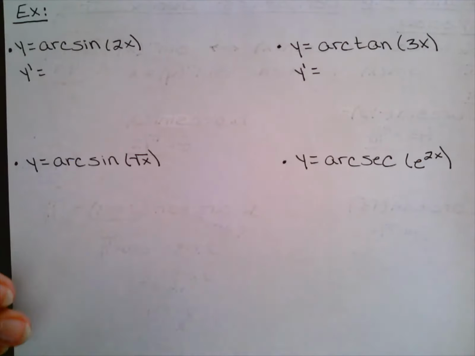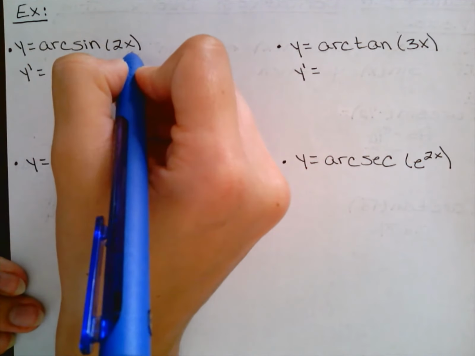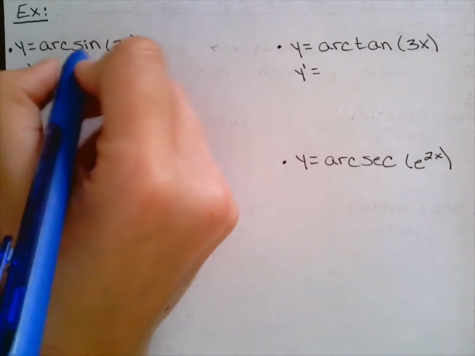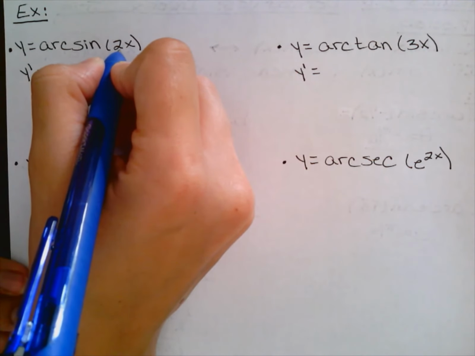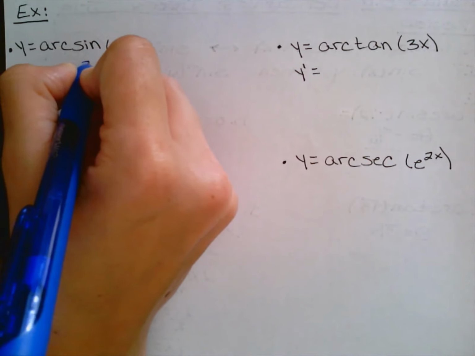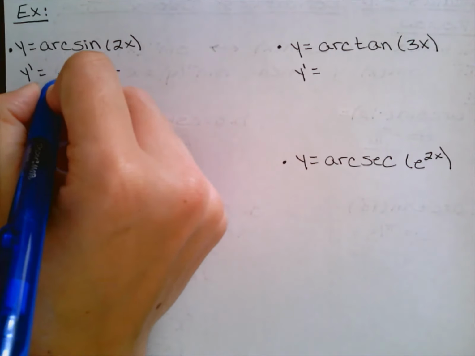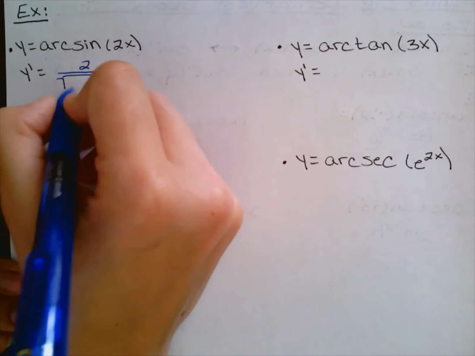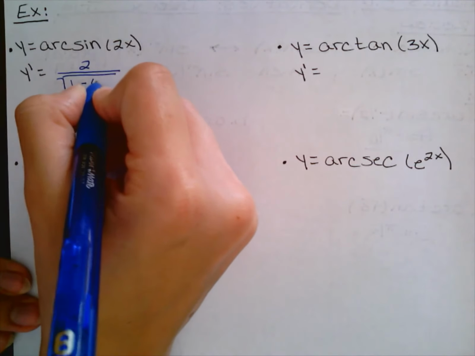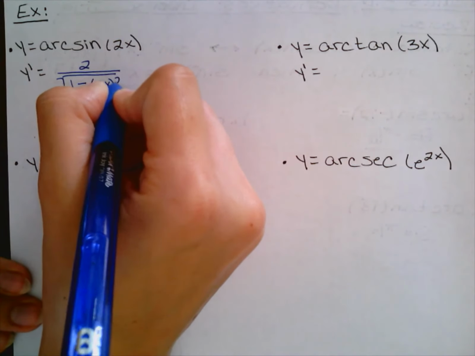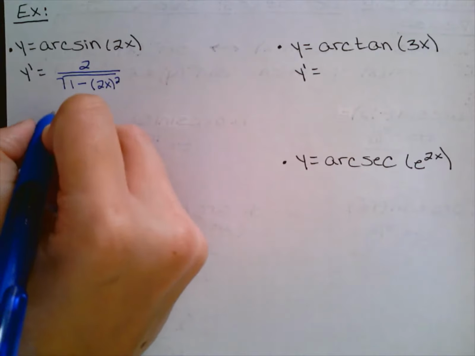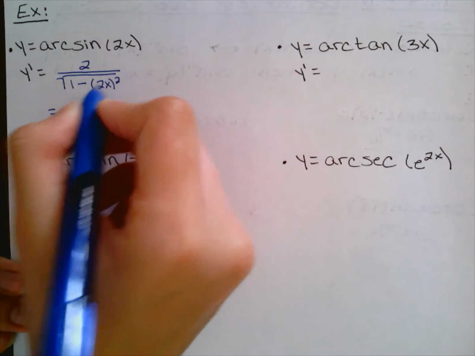So arc sine, here's my u, is my 2x. So I have u prime in the numerator. So if this is my u, derivative of u would be 2 over square root of 1 minus u squared. Now, the way you're going to see this in a multiple choice is you're going to see this clean.